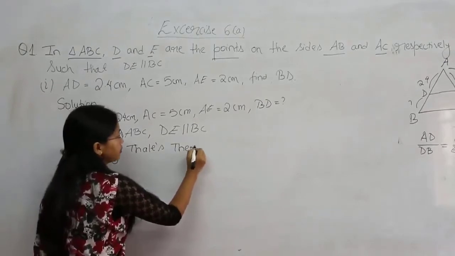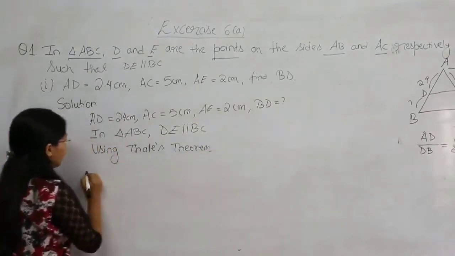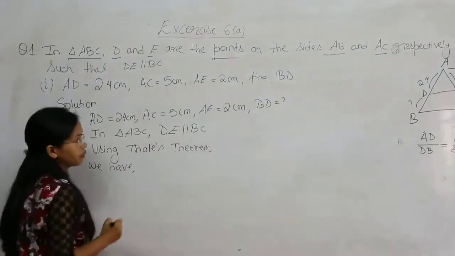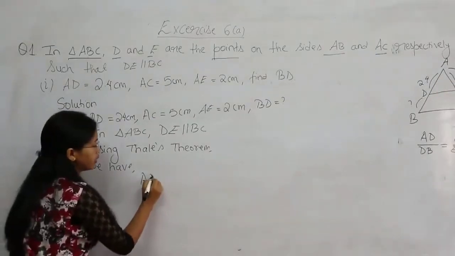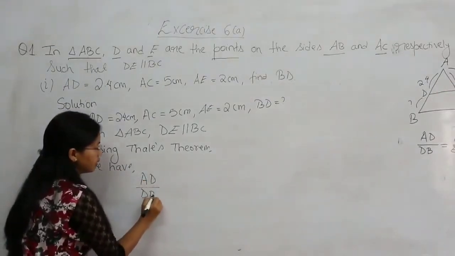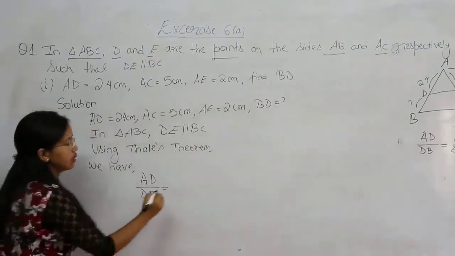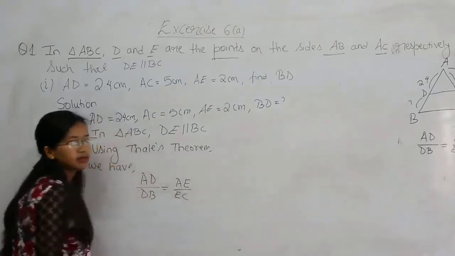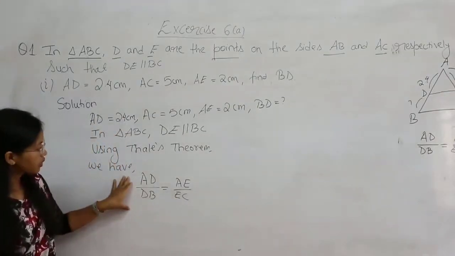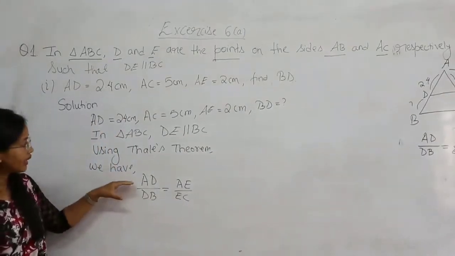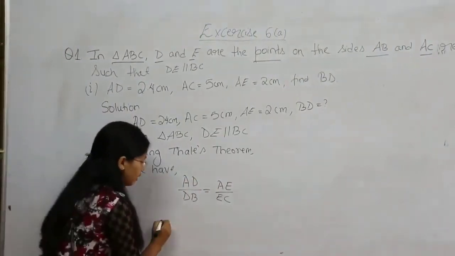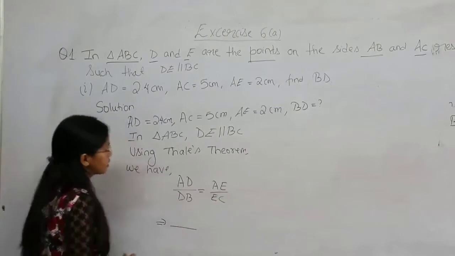According to the theorem, we have AD by DB is equal to AE by EC. Alright, so here we will replace the lengths.